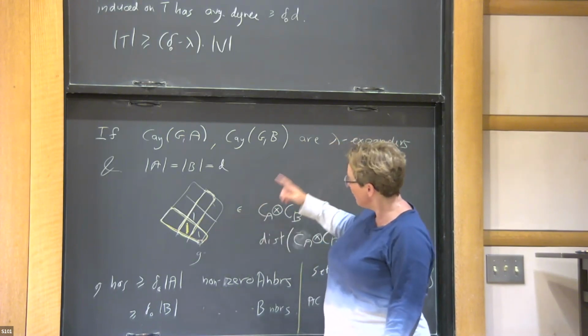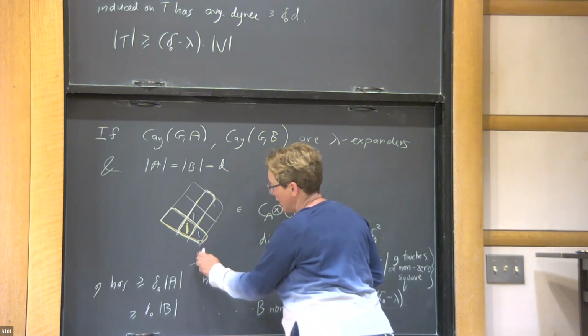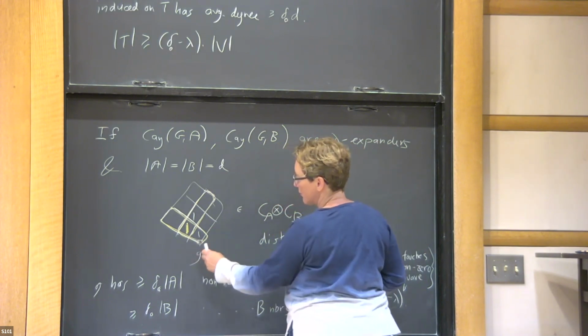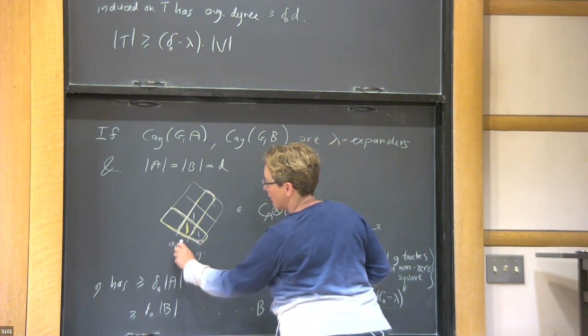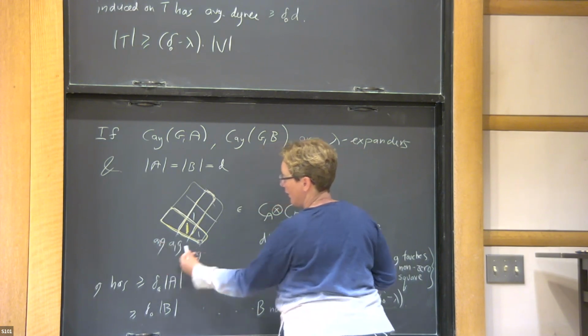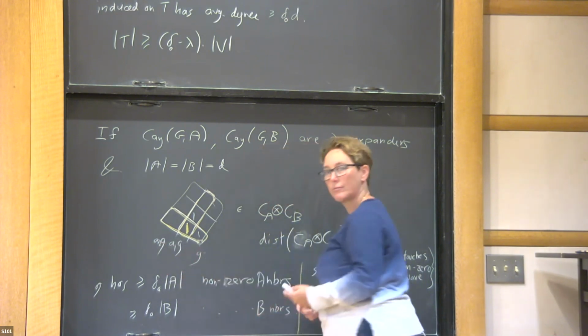So the way we did it was this, from the vertex G, we looked at all the neighbors of G, like A1 times G, A2 times G. You're looking at the skeleton, the one-dimensional skeleton of the complex.